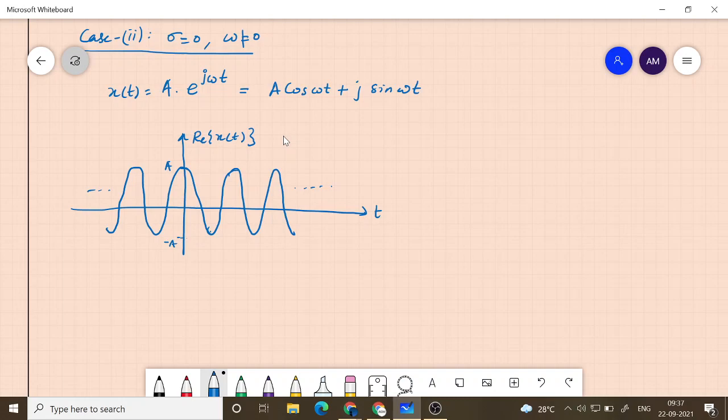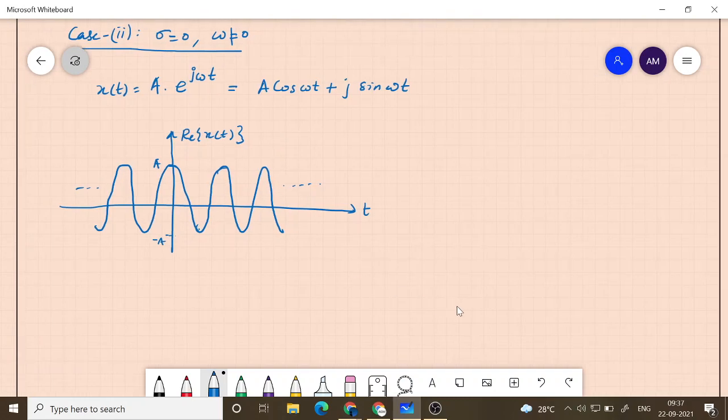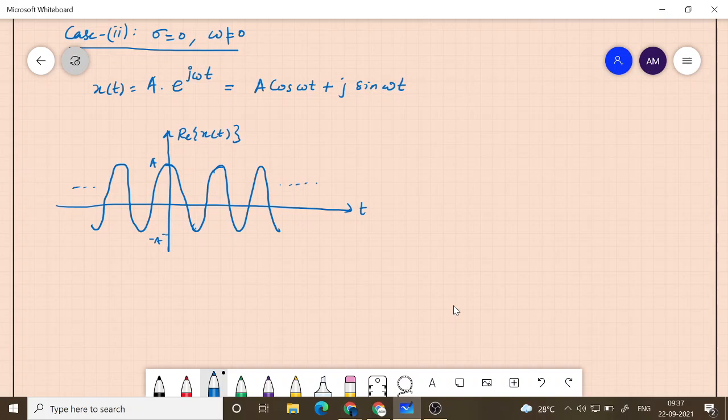Now if I go to the imaginary part and plot it, that will give another function.